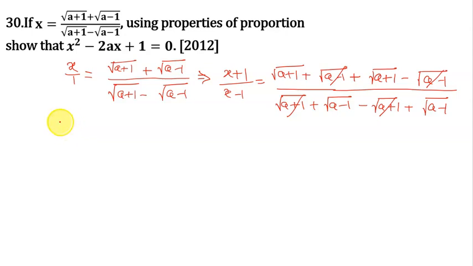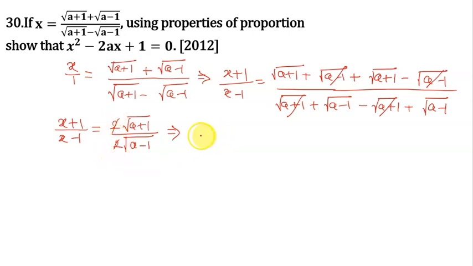Then you will have (x+1) upon (x−1) equals 2√(a+1) upon 2√(a−1), and here 2 will get cancelled.